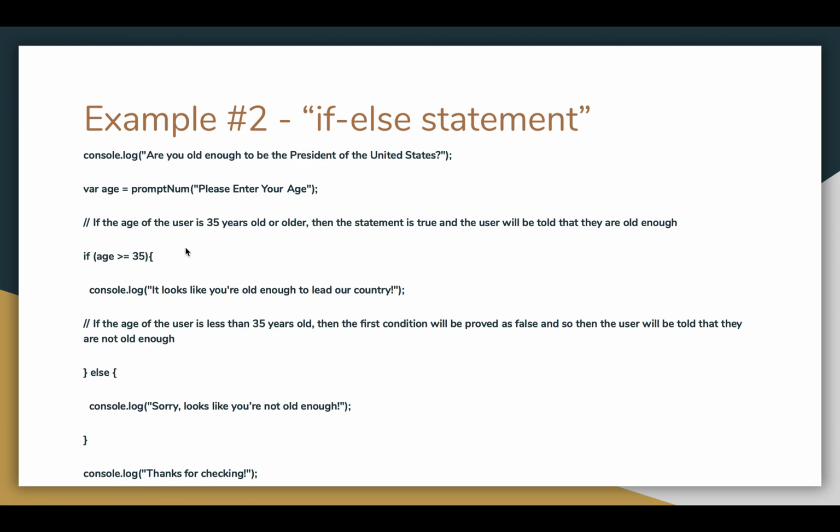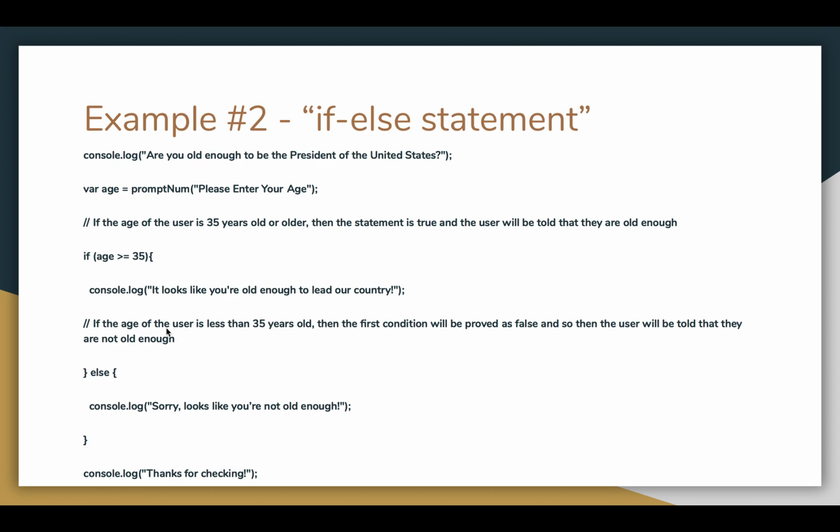Since I inputted 34 into the input for age, that will prove this conditional expression to be false. So this portion of code will not occur because this conditional expression was proved to be false here. So then it'll move on to else.